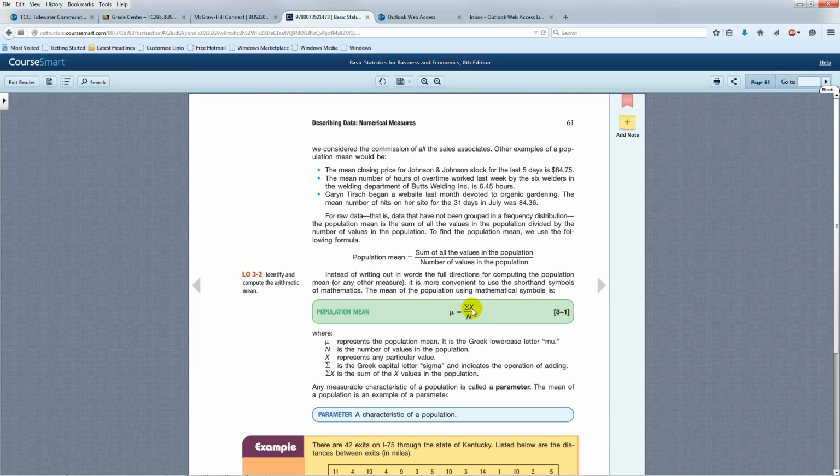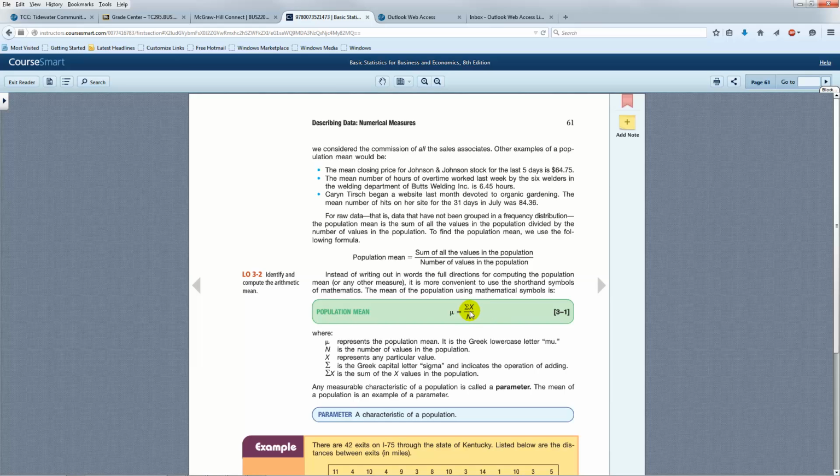Now the x right here represents a value, and the sigma is basically the summation, the sum. So the sum, sigma x, would mean add all the x's together.